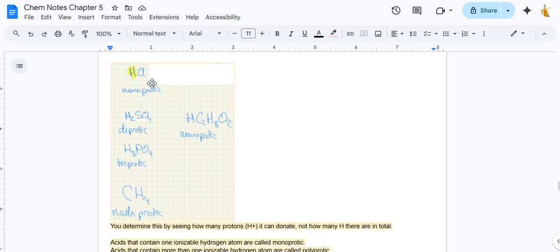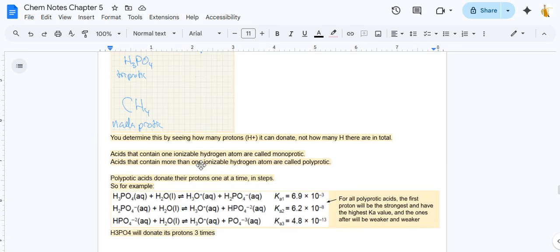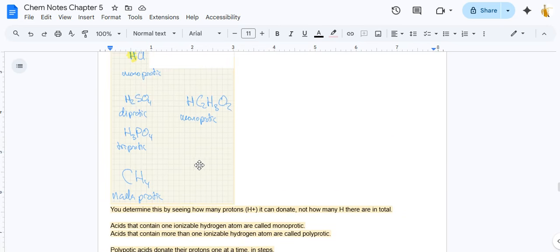So now we do another topic on definitions, on these two definitions. Monoprotic is an acid that has one ionizable hydrogen atom, like that.